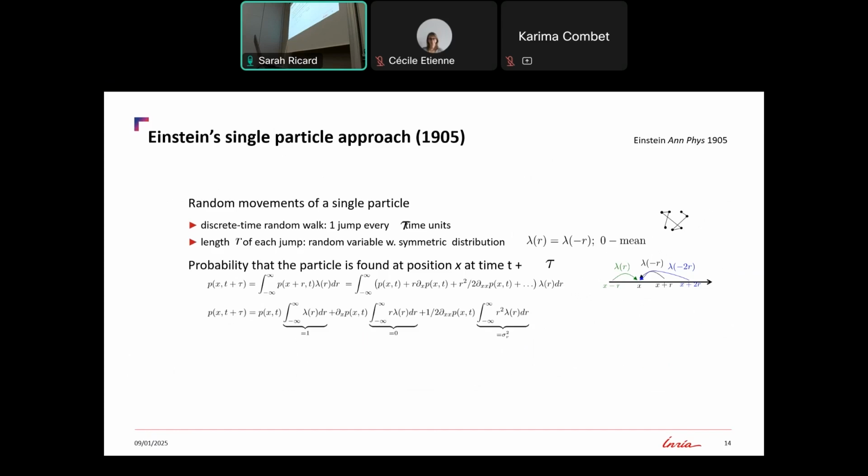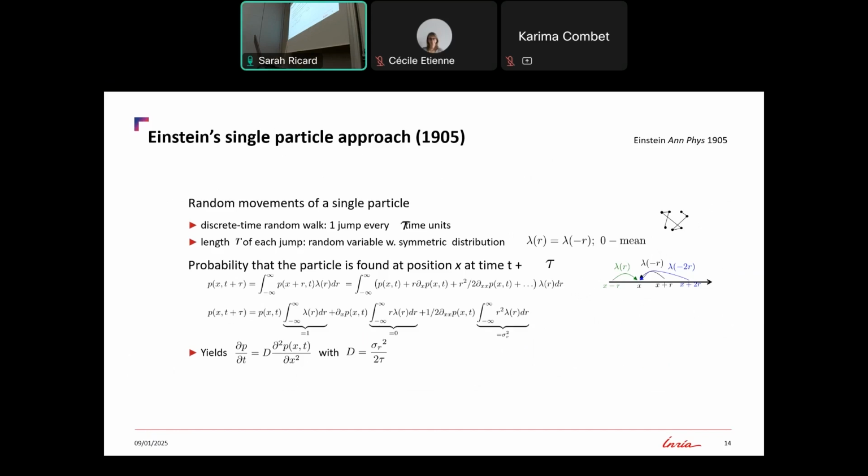So at the limit of infinitesimal tau, you get back this equation: the time derivative of p is D times the second order derivative of p in space. And of course, it's the same equation as before.